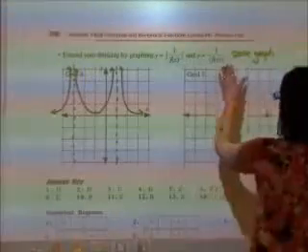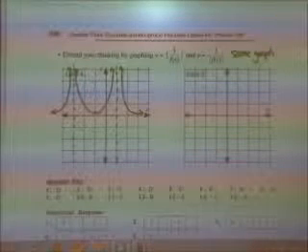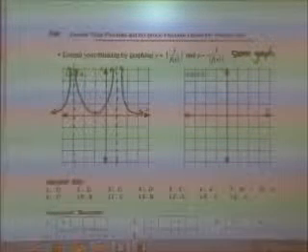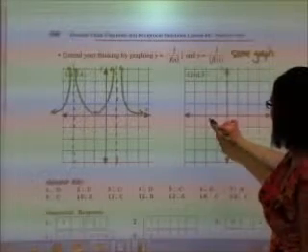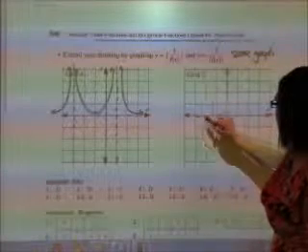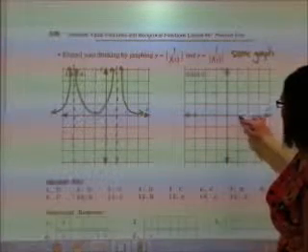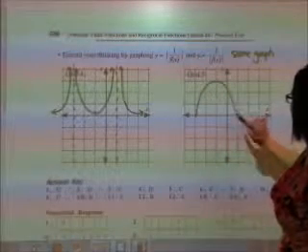Although if I was going to draw it again, this one says I take 1 over the absolute value of f of x. So if I started off with the absolute value of f of x, that was the graph that went, how did it go again? This one and it went like that, right?